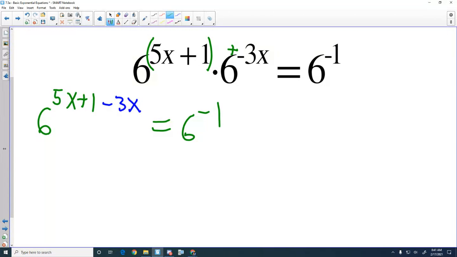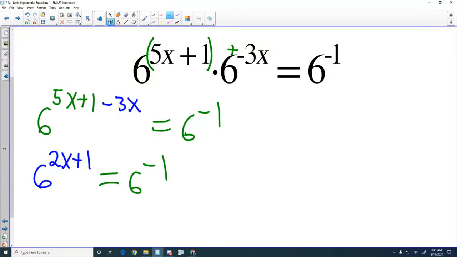So I just added those two exponents because that's one of our basic rules. Like x to the 3rd times x to the 7th is x to the 3 plus 7. You add them. Now I can simplify this further because I've got some like terms. So that's 6 to the, I've got a 5x minus 3x, that's going to be 2x plus 1 equals 6 to the negative 1.